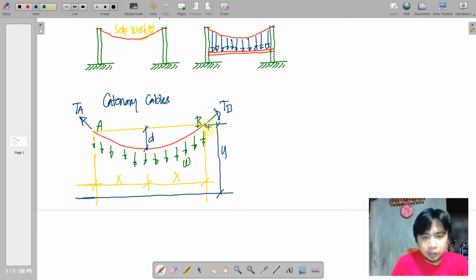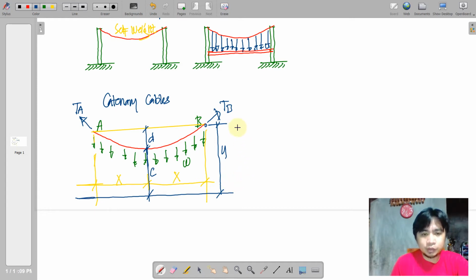I'll label the highest point y and the lowest point c. Both are measured from this blue horizontal line. So what will be the formulas involved here?